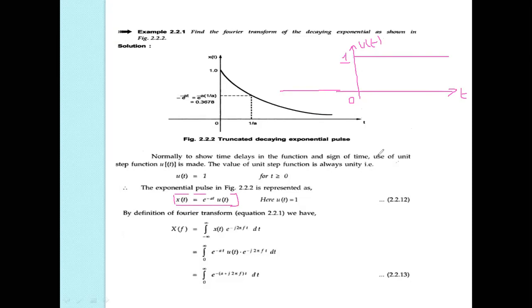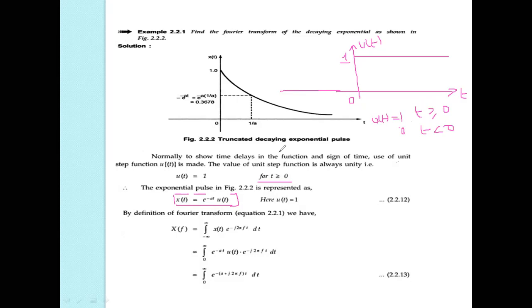Because the Fourier transformation is used for analysis of aperiodic signals, not periodic signals. The mu of t is equal to 1 for t greater than or equal to 0, and 0 for t less than 0, my dear students.